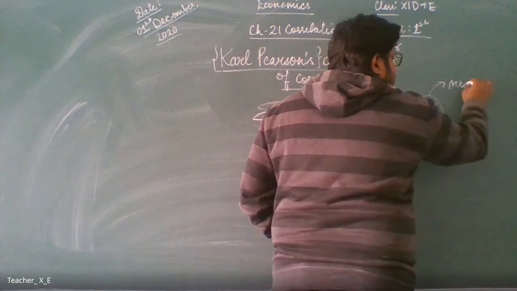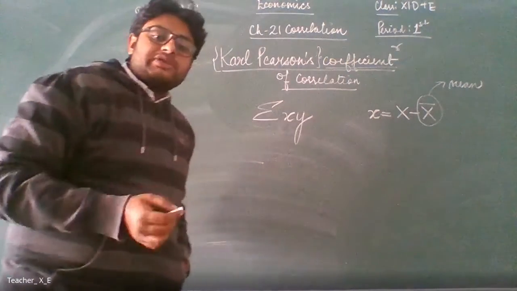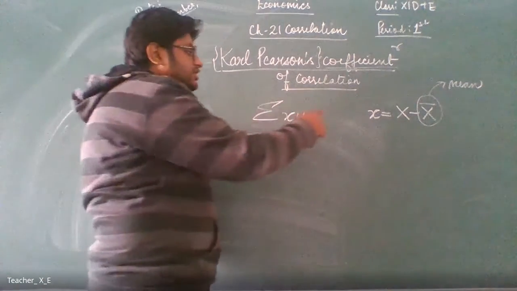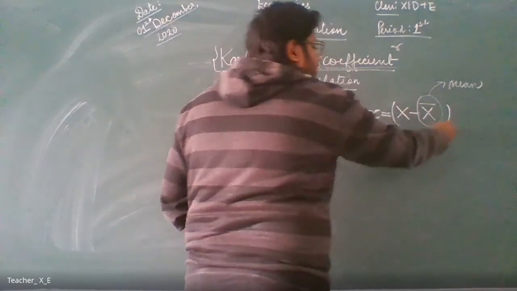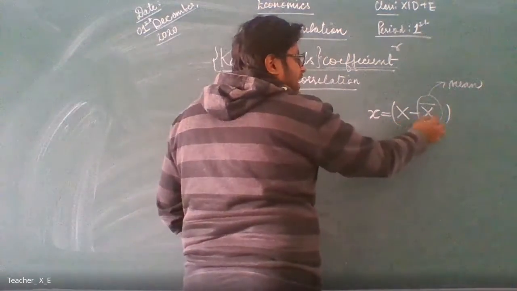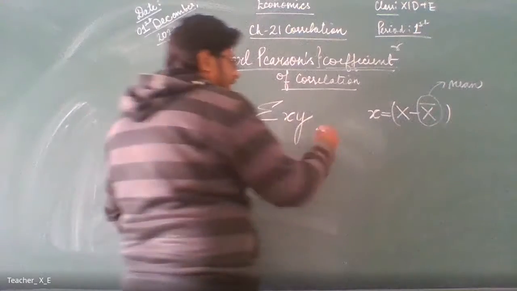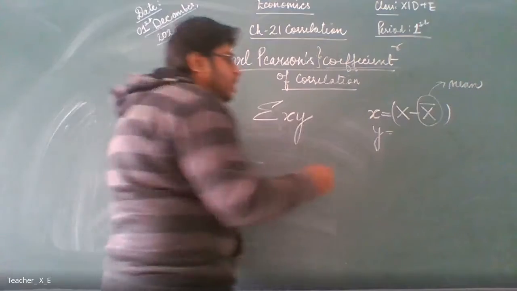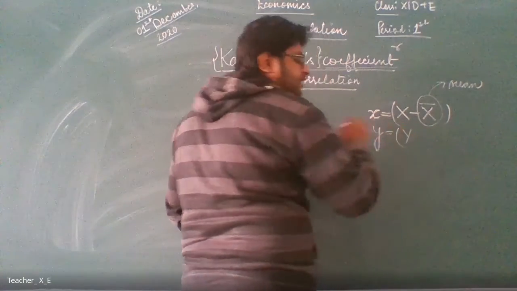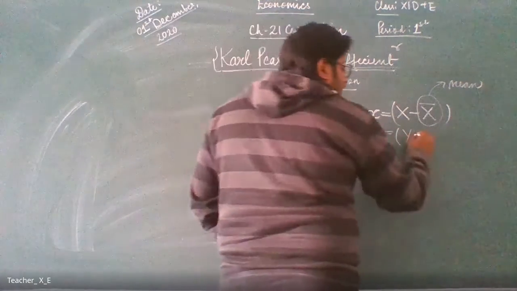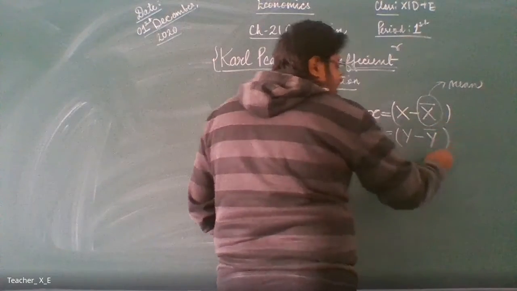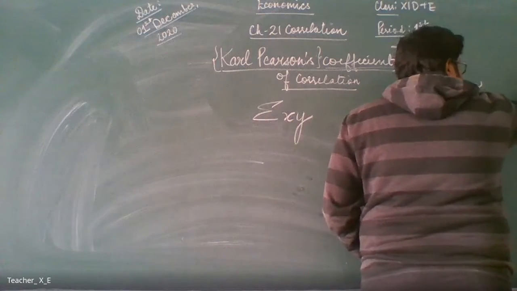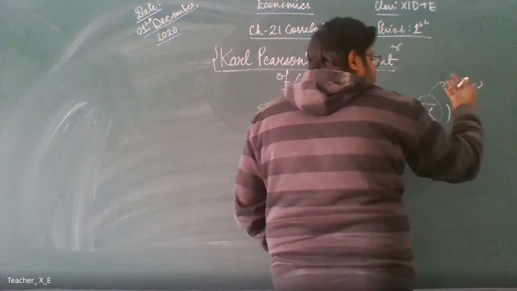Everyone write it very carefully, because if you are not able to understand the formula, then you will not be able to calculate it. Your small x is nothing but the difference between the x variable and its mean. And your small y, as I told you, there will be two series, so small y is nothing but the difference between a particular y variable and its mean, that is y bar.